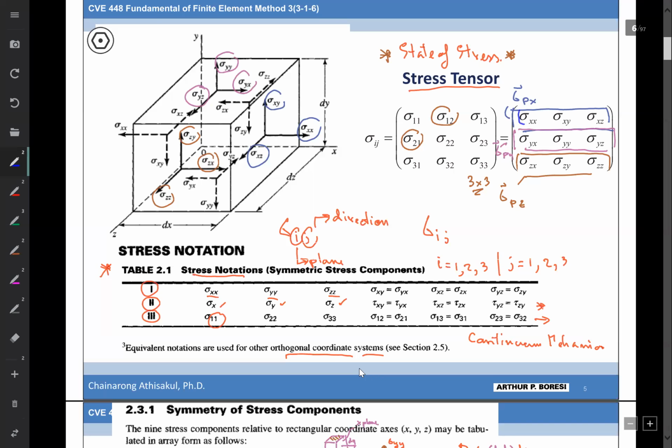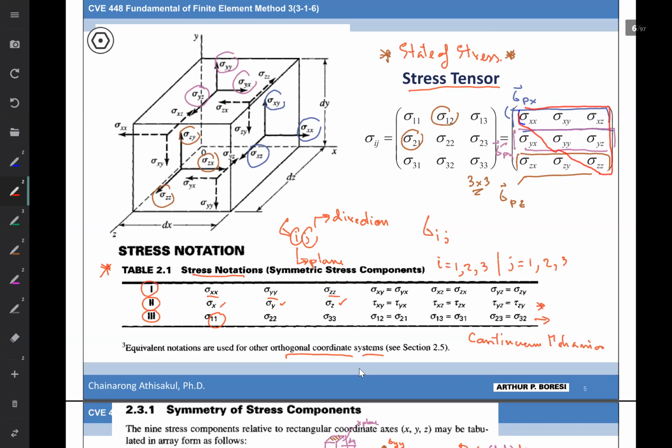You see from the tensor that it is like a 3 by 3 matrix, but because of symmetry, the 3 by 3 matrix, which should have 9 elements, is reduced to 6 components. So the stress tensor in 3 dimensions is composed of 6 components.